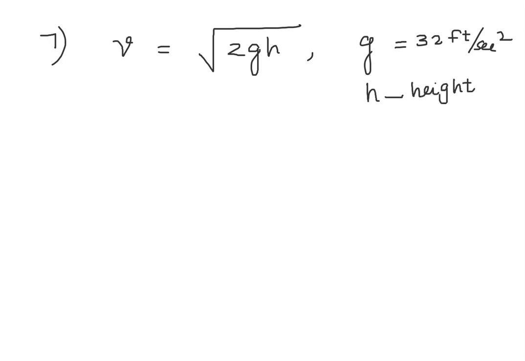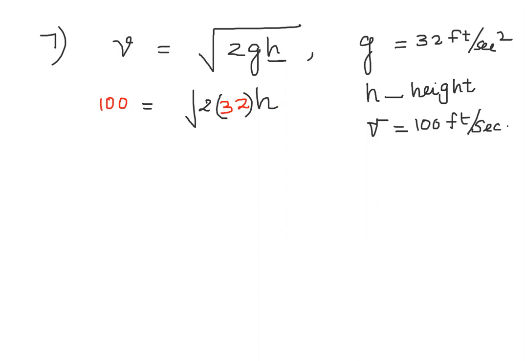If an object strikes the ground with velocity V of 100 feet per second, estimate the height. That means we have to find the height h. So let's plug in all the values here. V is 100 and g is 32, and we still have to find h. So it's going to be 100 equals the square root of 64h.